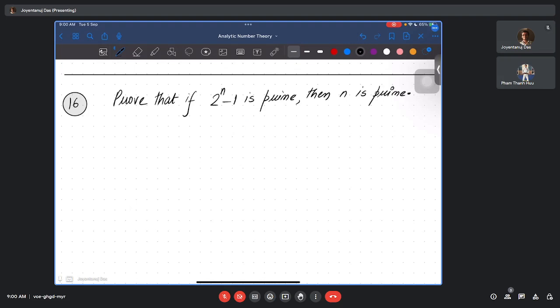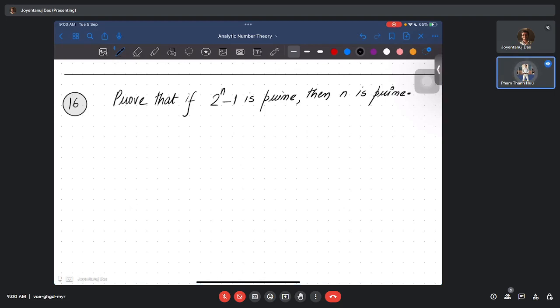So you have to show that if 2 power n minus 1 is prime, then n is prime.